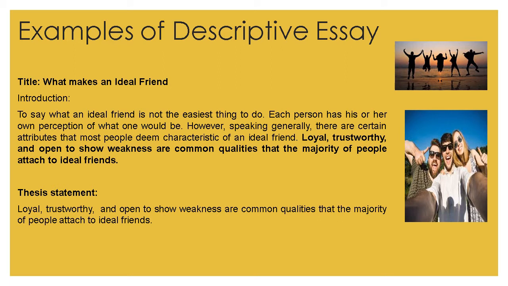So here, the topic is about the qualities of ideal friends, and the writer only focuses on three aspects: loyal, trustworthy, and also open to show weakness. And those aspects will be explained more in the body of the essay.